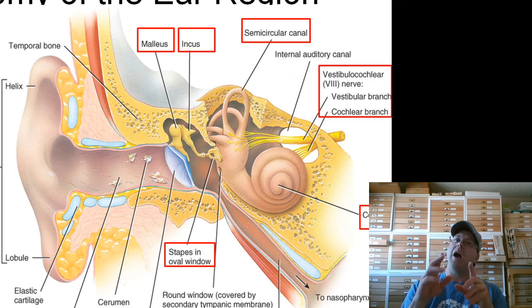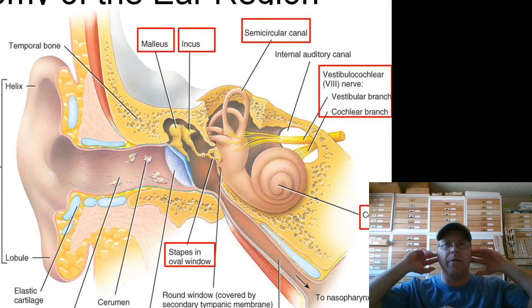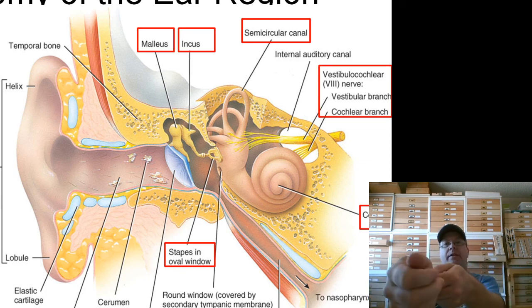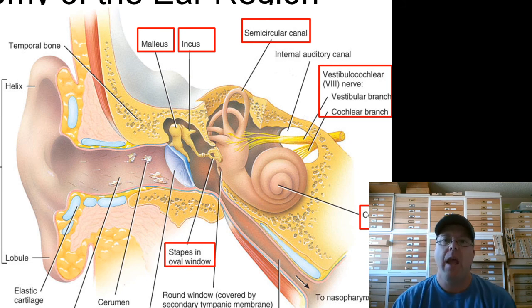This is also why when you leave that rock concert, you feel like you're deaf for about 30 minutes, because that muscle is pulling on the malleus and it's preventing it from vibrating properly. And that's going to last about 20-30 minutes until that muscle relaxes again, and then your hearing goes back to normal.